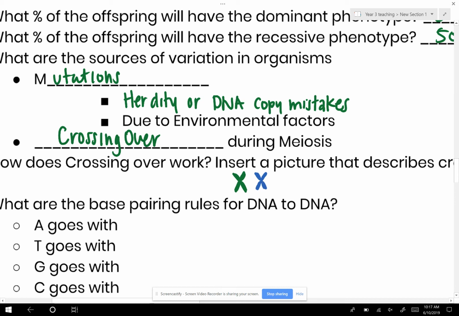And what will happen is during meiosis, these two chromosomes get close enough together that they swap the ends of their DNA. So after crossing over, my blue one is going to look something like this.